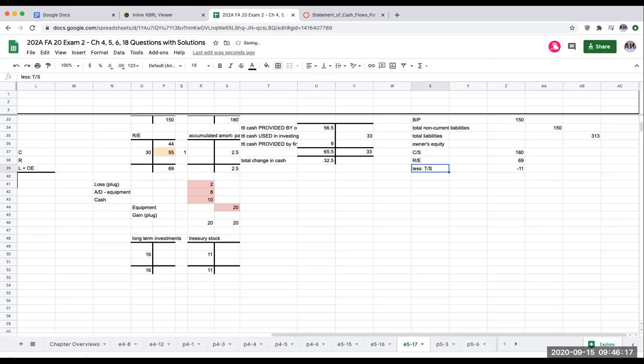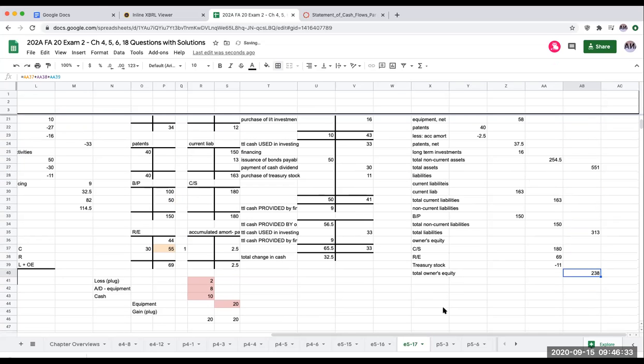We'll just call it treasury stock. It's not really less. So when I add up these three numbers, my total owner's equity, I have no idea if this is going to be right or not. So when I add up these two numbers, total liabilities and owner's equity, I'm going to get hopefully 551.